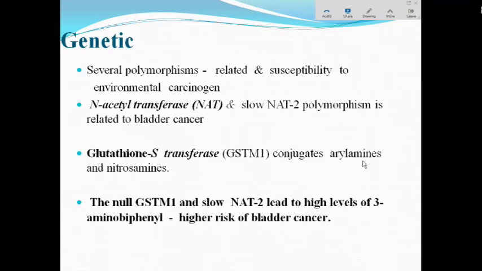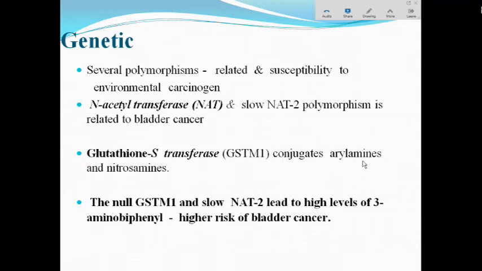what are the implications? Several polymorphisms have been implicated. One of the most important is N-acetyltransferase polymorphism, which is related to bladder cancer. Apart from that, glutathione S transferase conjugates arylamines and nitrosamines. So null glutathione S transferase and slow N-acetyltransferase 2 lead to a high level of 3-amino biphenyl, 3AB.